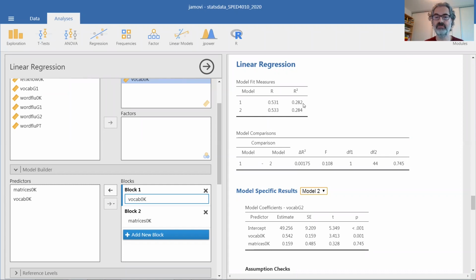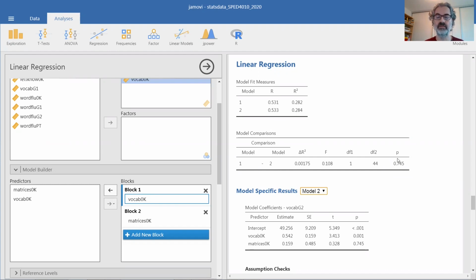The difference between these two is the difference in R squared, delta R squared, between model 1 and model 2, and is a tiny amount of extra variance accounted for by adding matrices after you've already put vocabulary in the equation. And this extra variance accounted for is not statistically significant.